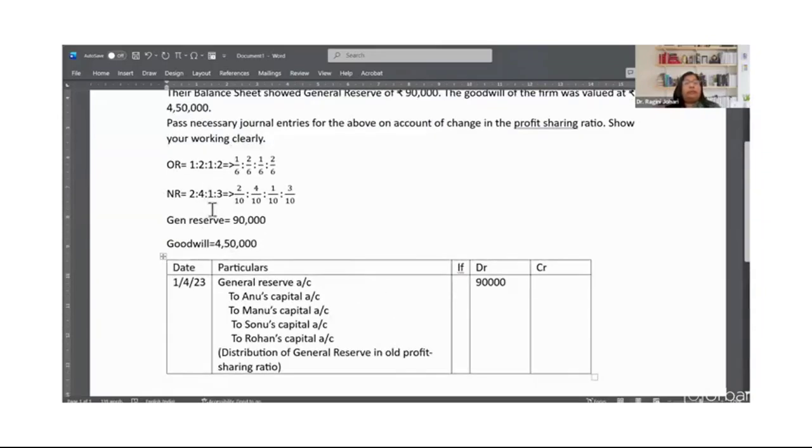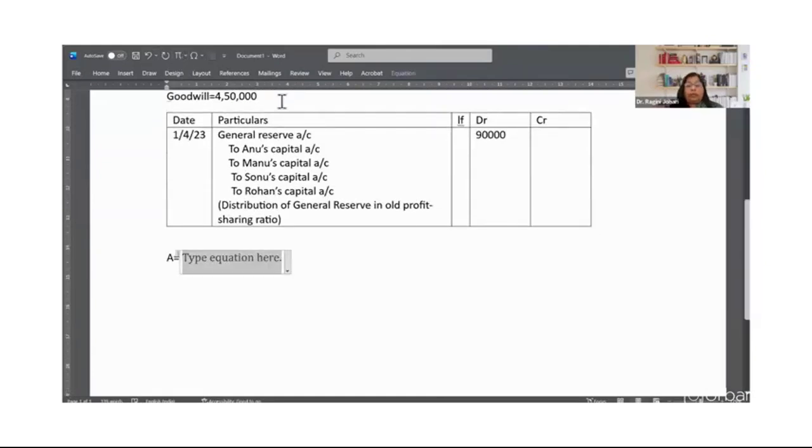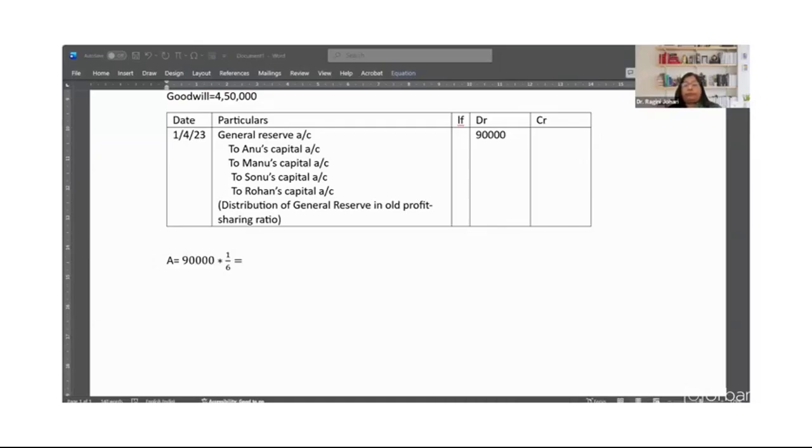Anu has a 1/6 ratio. So we can find 1 upon 6 of this 90,000, and this comes to how much? Let us find out. 1 upon 6 part of 90,000 is 15,000.